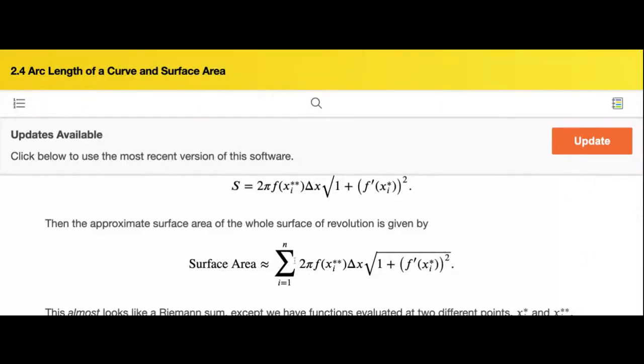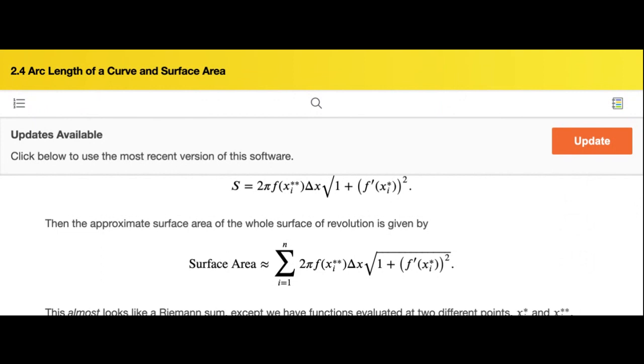So we cut into n pieces first. So we have this 2 pi r. As we know, that's the circumference of the circle, rotating, right? So when we rotate, again, we get a perfect circle.